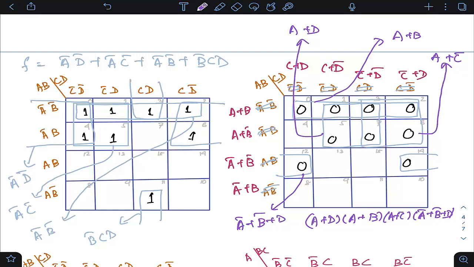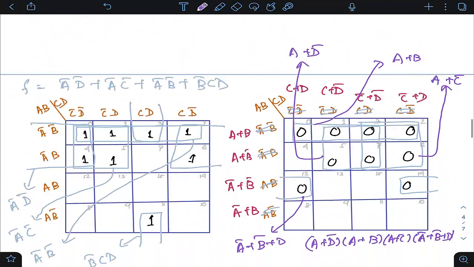Student, this is not a plus d, right? This is a plus d bar. From the row you get a, and the column value is d bar actually, not d. So this is a plus d bar. This is the answer. So this is how you solve in the min term mode or the max term mode.